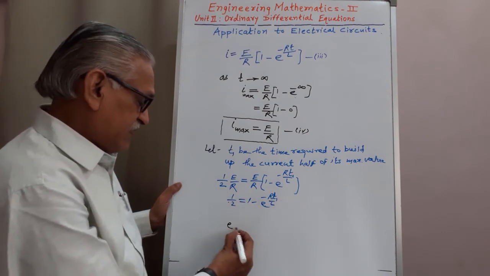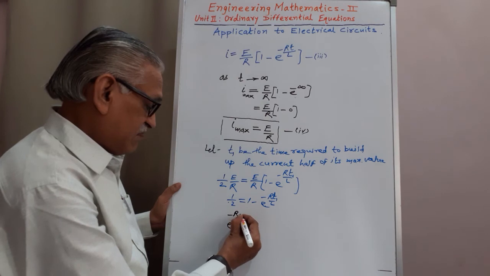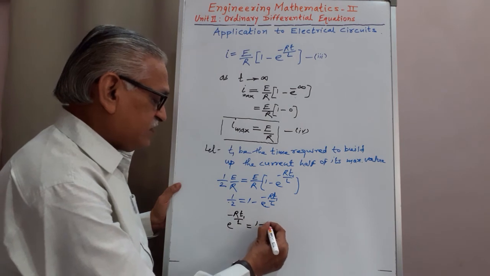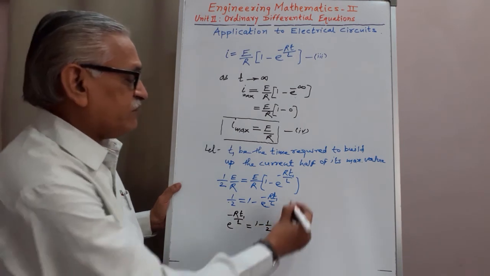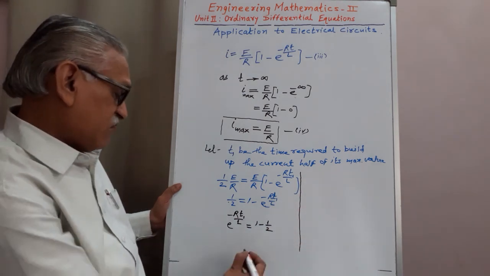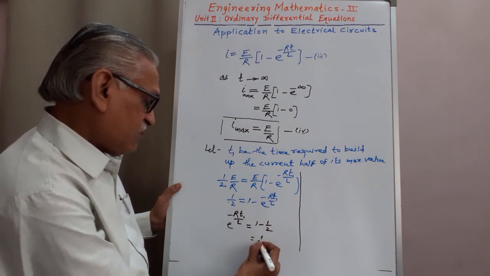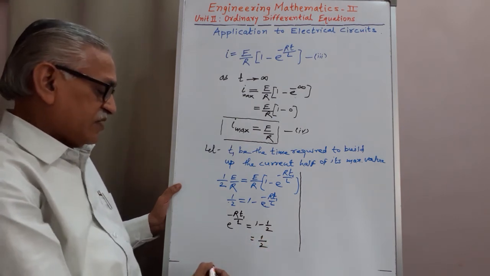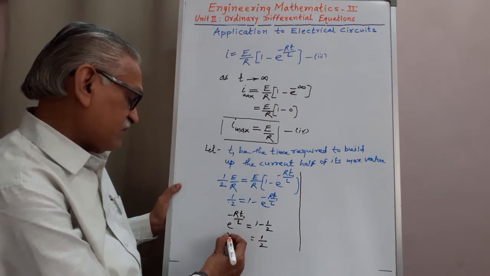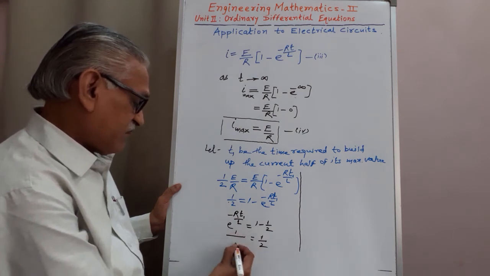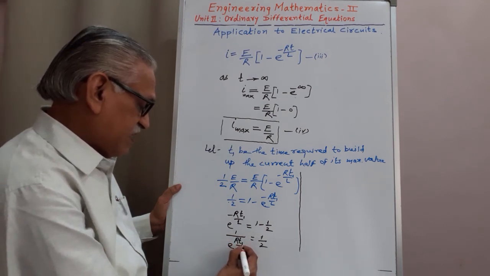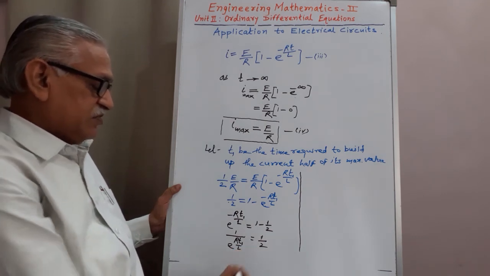We get e raised to minus R T1 by L is equal to 1 minus 1 by 2. 1 minus 1 by 2 is 1 by 2, and if we transfer this to the denominator, it becomes 1 upon e raised to R T1 by L is equal to 1 by 2.